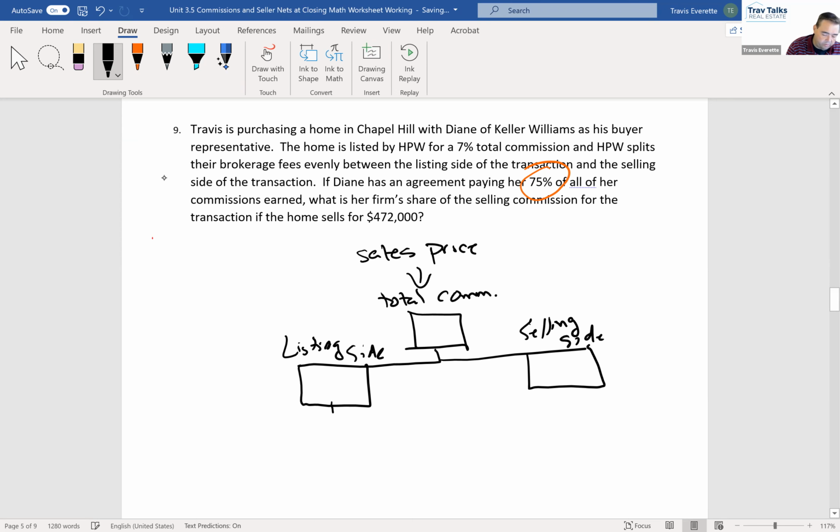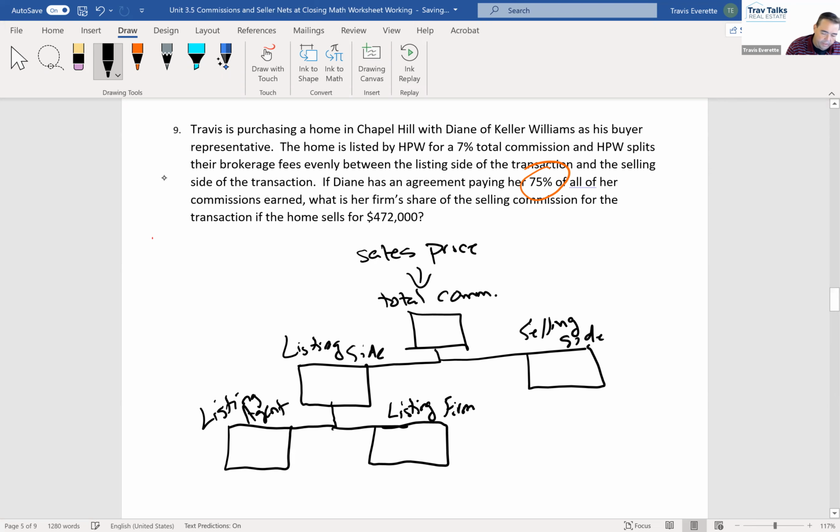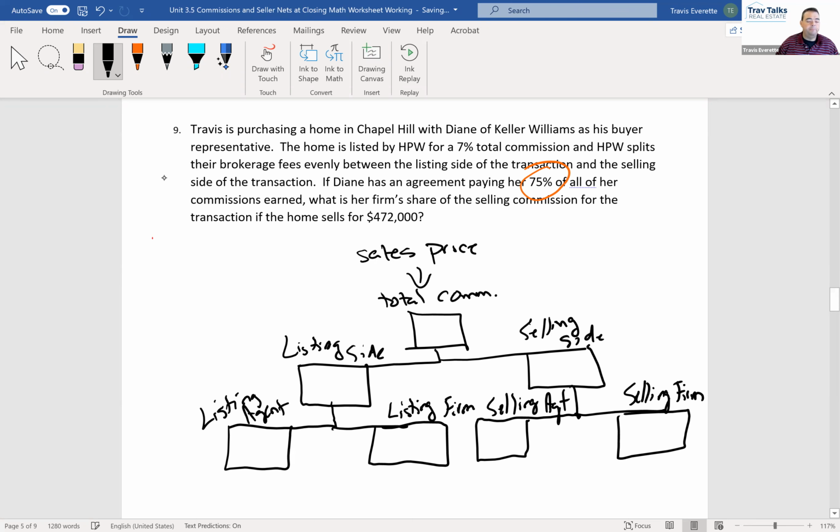And then each one of those is going to get split again into the listing agent and listing firm, and then down here, selling agent and selling firm. Okay, now I'm ready to go.